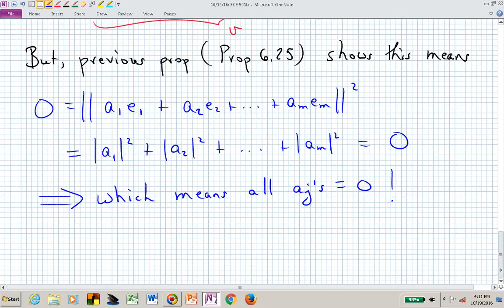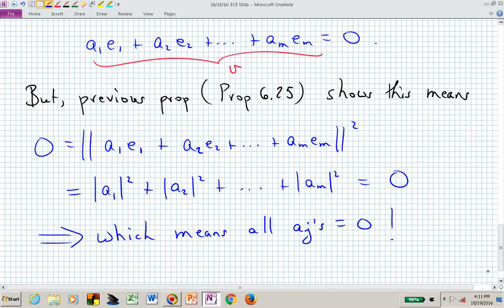But now if we write this equation at the top of the screen, and we find coefficients a1 through am that force it to 0, and the only coefficients that cause that to happen are when the coefficients are 0, what does that tell us about those vectors? They are linearly independent, and that's our proof.